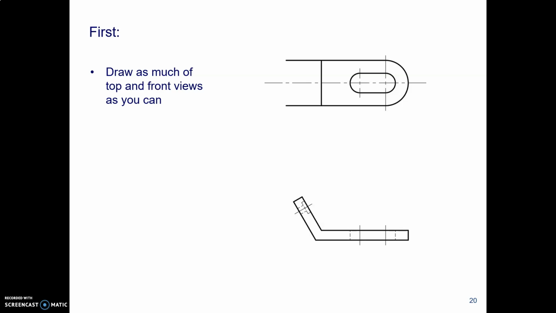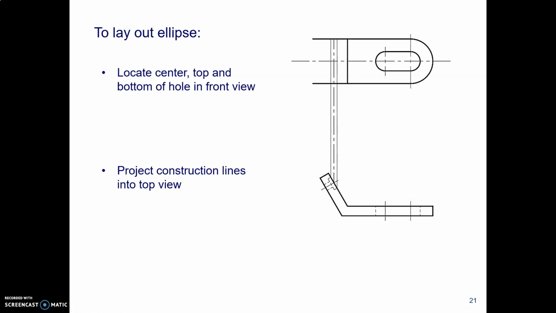I would start with the profile, the front view, and whatever you are able to fill in of the top view. And you won't be able to do all of it, but you can do this radius nose here. So there's some. And in the front view, you can put in the counterbore hole where it goes.